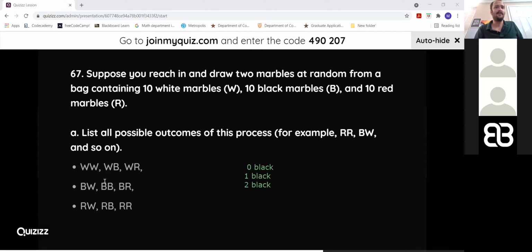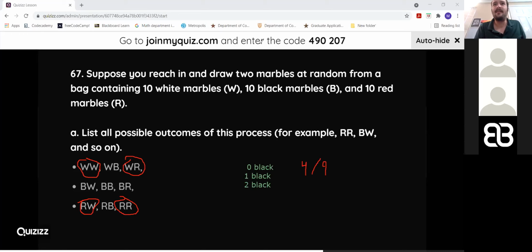0 black marbles. Let me get my drawing here. 0 black would be here. There is no black. I believe here there are no black. I believe there's 4 of them I can get, right? Oh wait, yeah, 4. I forgot the whole row is black. One of them.